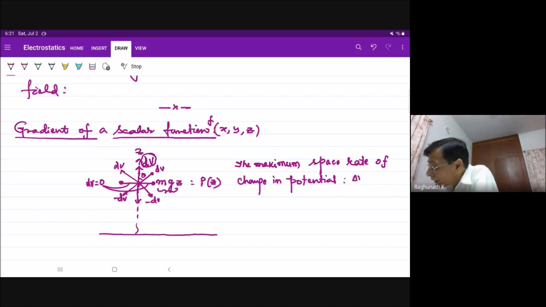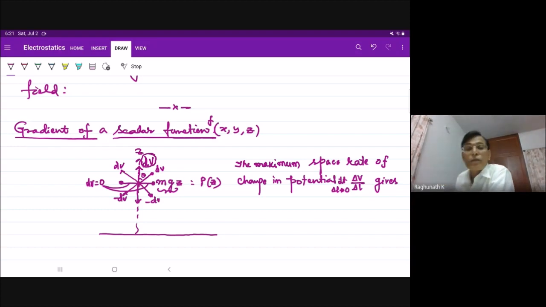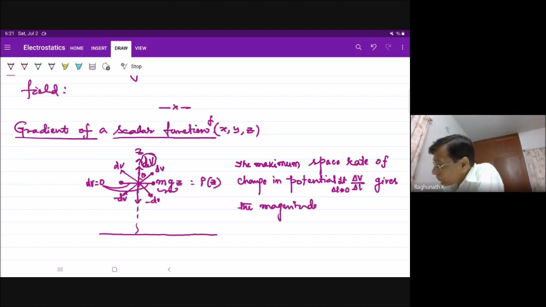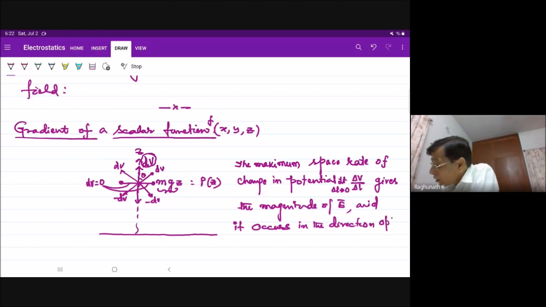The maximum space rate of change in potential, given by delta V by delta L, limit delta L tending to 0, because I want to talk about at any point, gives the magnitude of the electric field intensity E bar, and it occurs in the direction opposite to E bar at that point.